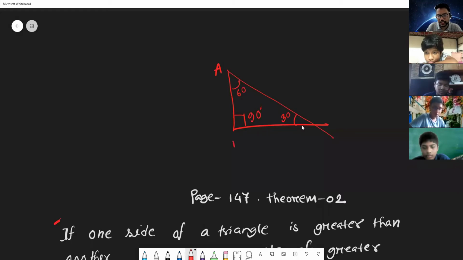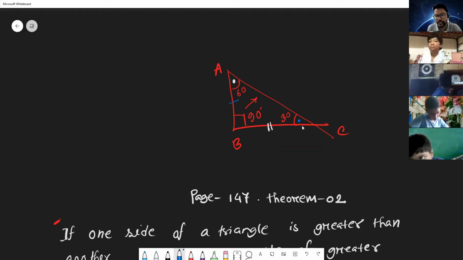If we mention A, B, C, AC is called the opposite side of angle B, BC is called the opposite side of angle A, and AB is called the opposite side of angle C. So when the angle is greater, its opposite side will be greater. Here the greater angle is B, which is 90 degrees, so its opposite side will be greater. Clear?